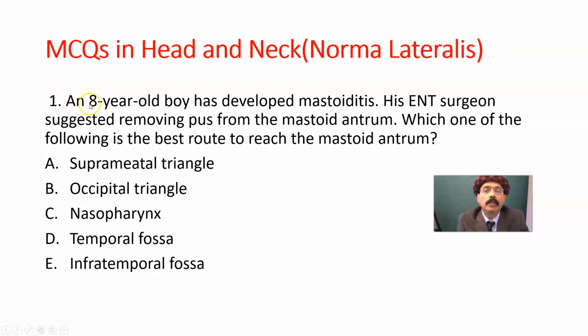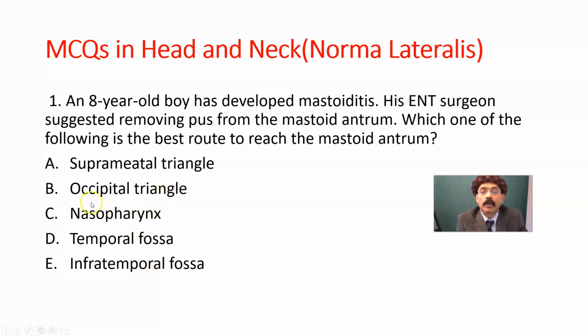Question number 1. An 8-year-old boy has developed mastoiditis. His ENT surgeon suggested removing pus from the mastoid antrum. Which of the following is the best route to reach the mastoid antrum? Choices are suprameatal triangle, occipital triangle, nasopharynx, temporal fossa, infratemporal fossa.